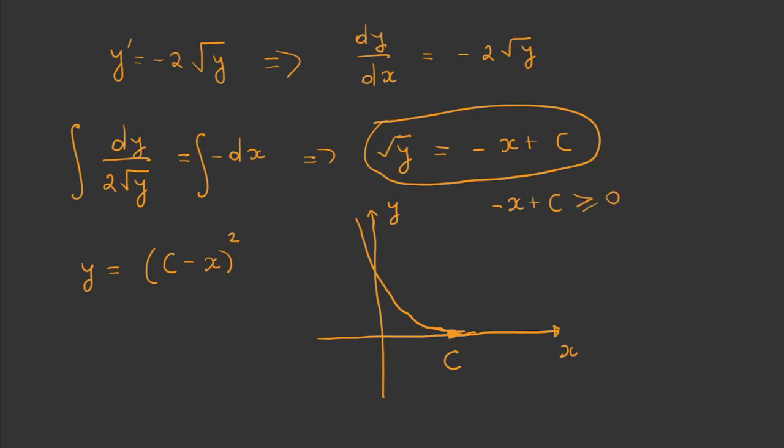Solving this inequality for x, we find that x has to be less than or equal to c. Now, does it mean that our solution is defined only for values of x less than or equal to c? It certainly seems to be the case.